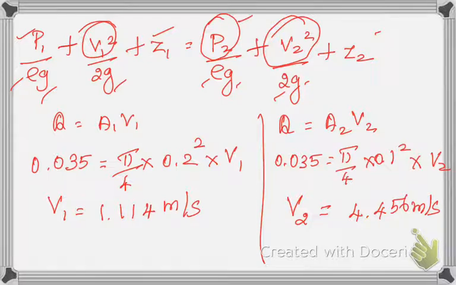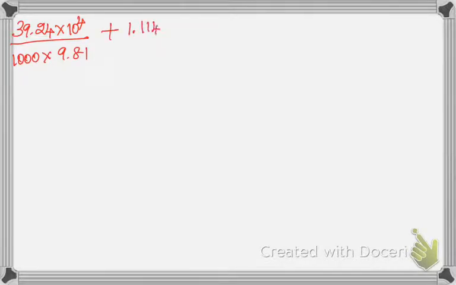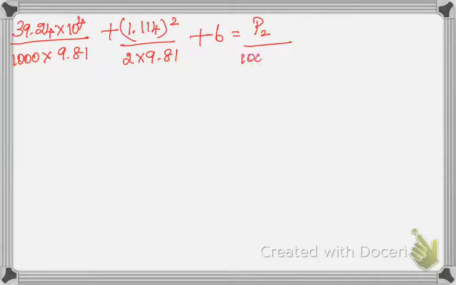So just substitute the values and get the value of P2. I am substituting the values here. P1 value is 39.24 × 10^4 divided by rho g. Density is 1000 for water, g is 9.81, plus V1 we have determined as 1.114, V1 squared by 2 into 9.81, plus Z1 value is 6, which is equal to P2 by rho g, which is 1000 into 9.81.